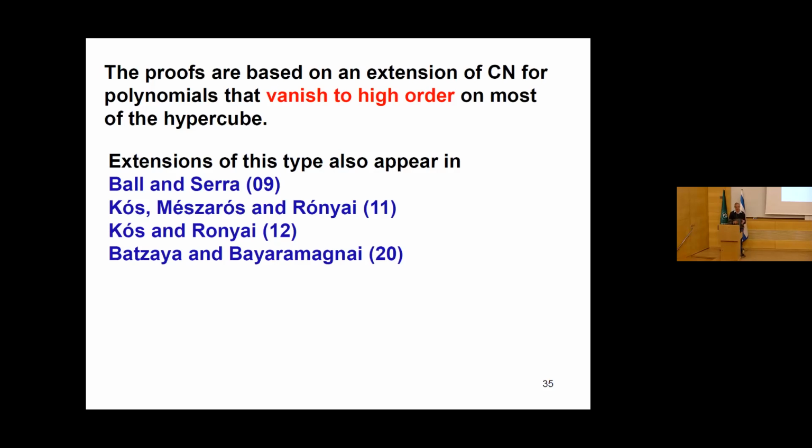And in particular, in this paper by Sauermann and Wigderson, they got a tight version of this statement for polynomials that vanish to high order on the cube besides the origin. This is proved by manipulations with polynomials together with some properties of the Catalan numbers.